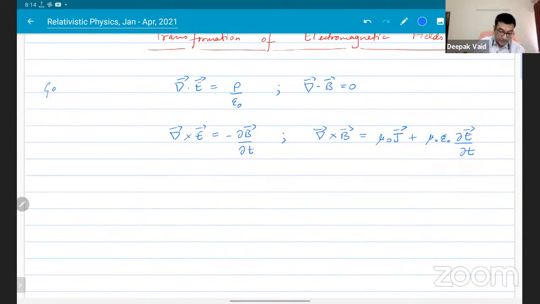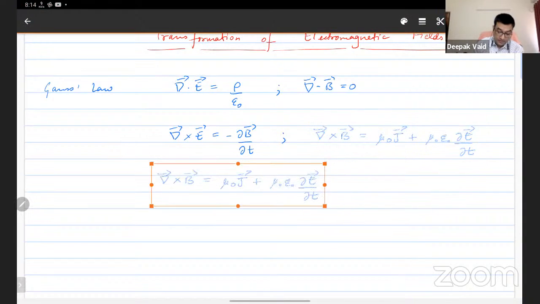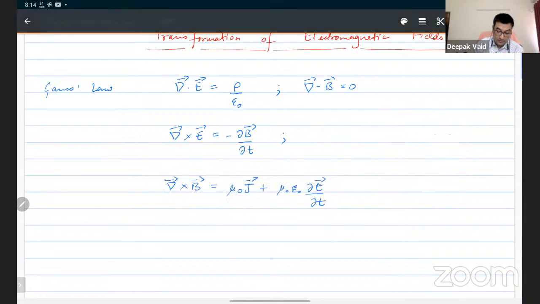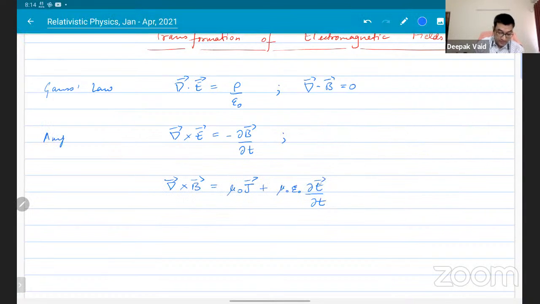So the first line, these two equations, are Gauss's law. This is Gauss's law for electric charges. This is Gauss's law for magnetic charges. Then this is Faraday's law.